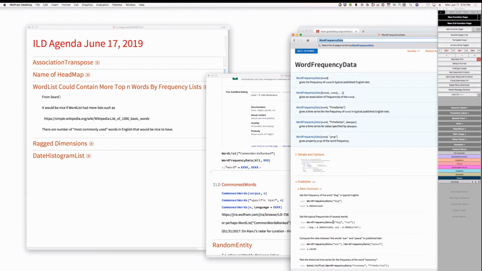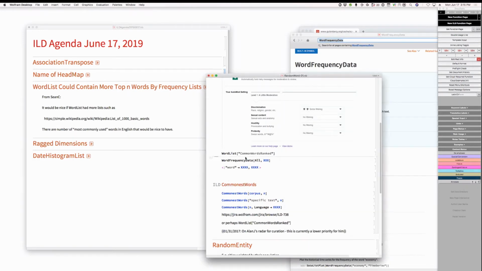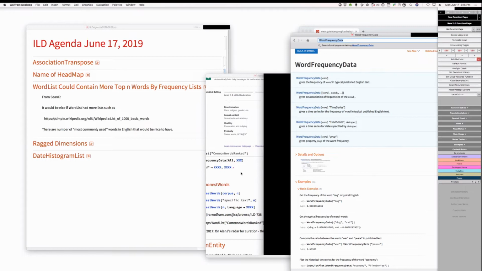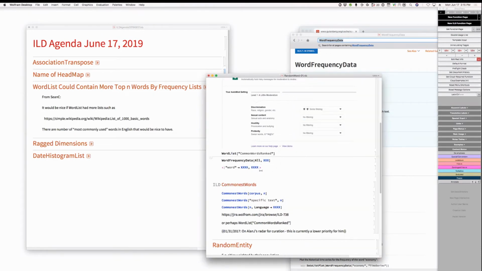Right, so in this case, fundamentally what you're saying is that this thing is equivalent to word frequency data of WordList. Right, that makes sense? Yeah. Sorry, so are you saying that word frequency data all would be everything in WordList, not everything from the Ngrams database?